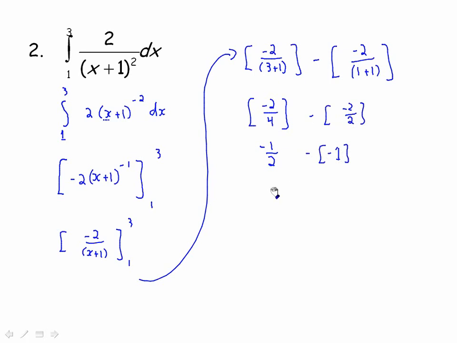So negative 1/2 plus 1 is equal to 1/2. So this thing is equal to 1/2, just like the previous one. Check your answer on your calculator and see what you get for that.